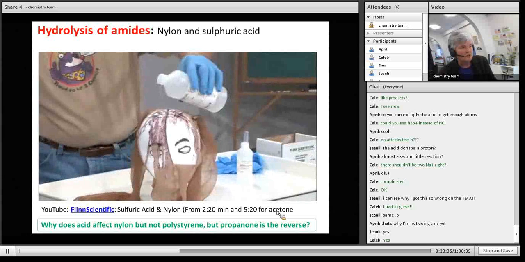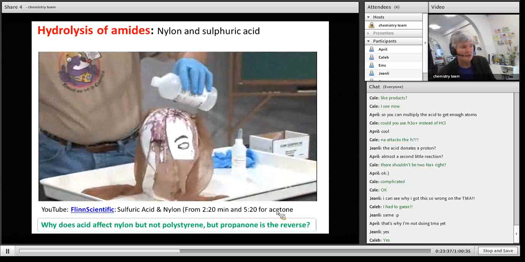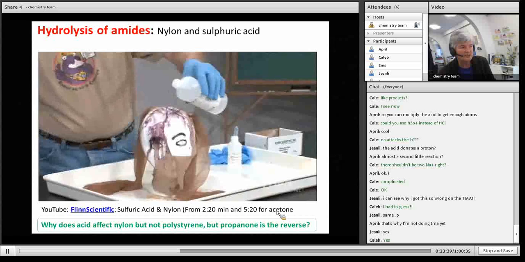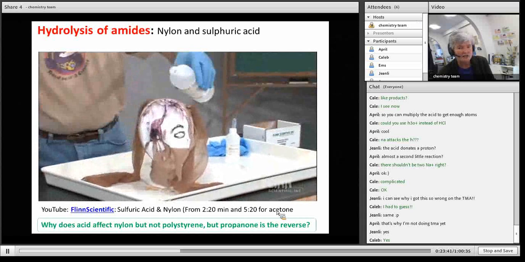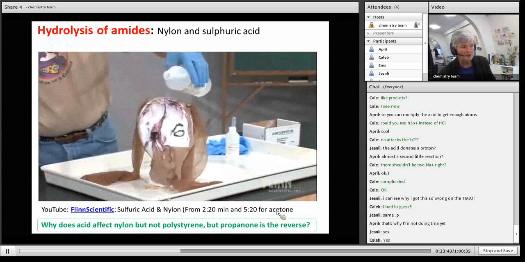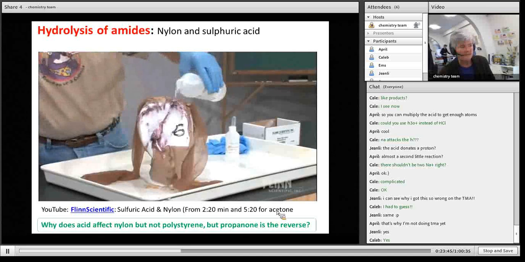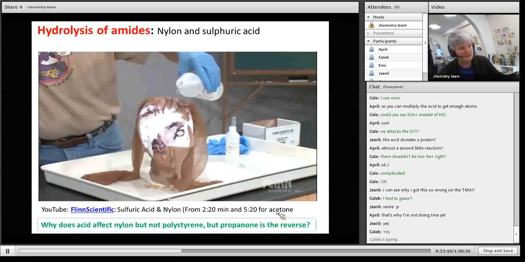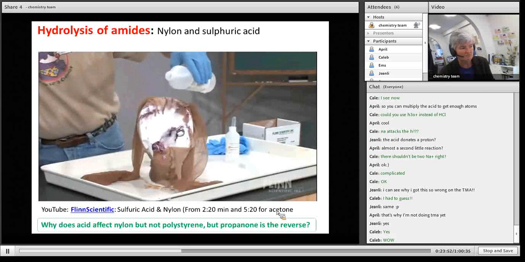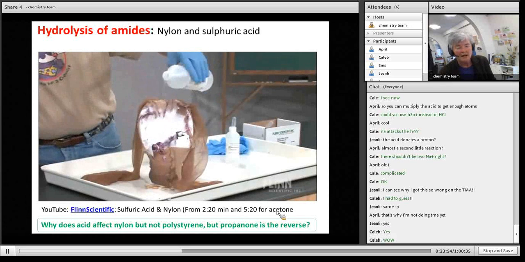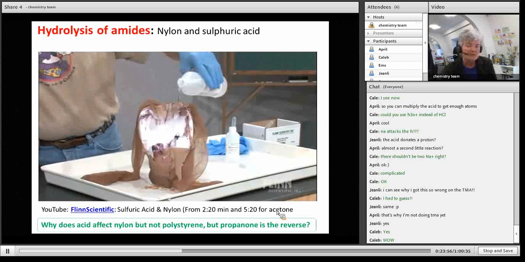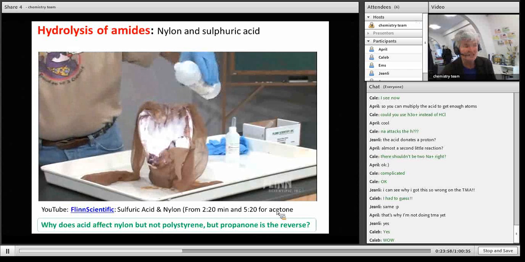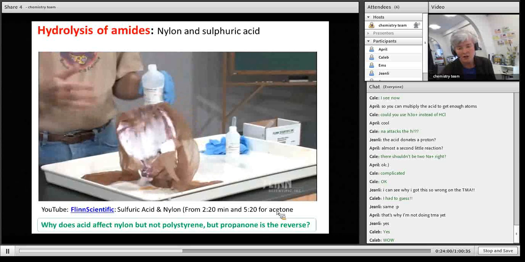Okay, notice how the nylon does not react whatsoever, but can you see what's happening to the polystyrene? So the polystyrene is just dissolving, but the nylon isn't. The nylon being in bits and ribbons is falling down, but it's actually not dissolving at all. And that's the difference between the two types of polymers you can get.